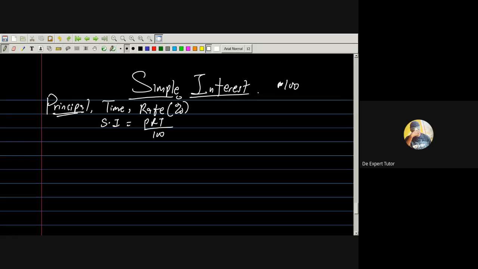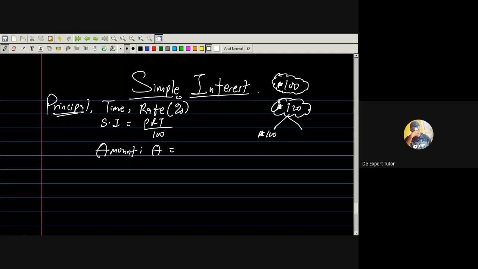Now, again, in simple interest, you can be asked to find the amount. What does amount mean? Let me tell you. Remember, I lent you 100 naira and you pay back 120 naira. Remember, this 120 naira has two parts: the 100 naira you borrowed, and the 20 naira that was added.